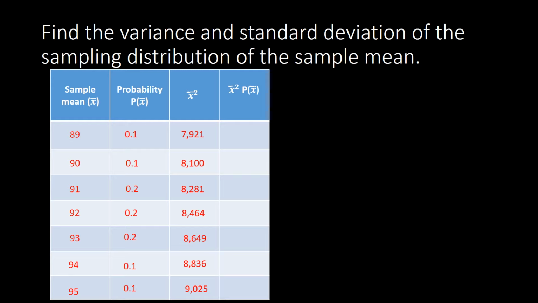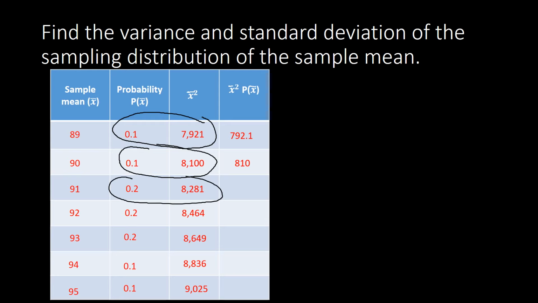Next, we go for the second added column there. We have x bar squared times P of x bar. So meaning to say, we are multiplying our x squared and the probability in there. So that means we have 0.1 times 7,921, that is equal to 792.1. And 0.1 times 8,100, that will be equal to 810. And 0.2 times 8,281, that will be equal to 1,656.2.